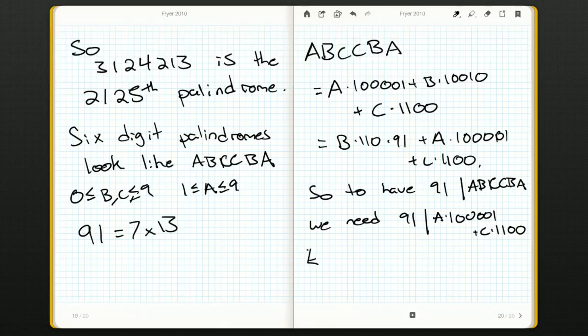So, sorry, either A equals C, A is less than C, or A is greater than C. Okay?